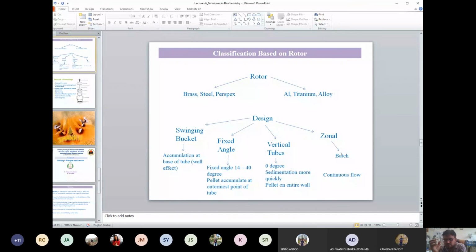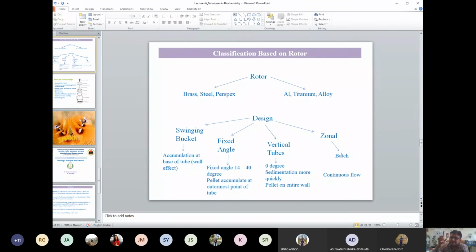Whereas rotors made of aluminum or titanium or alloy have very high tensile strength, very high durability, cost is also high, and they are lighter in weight.